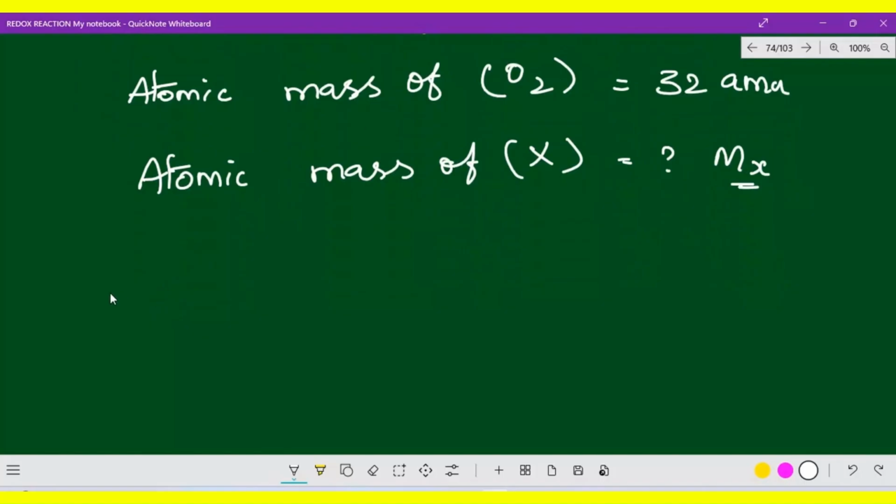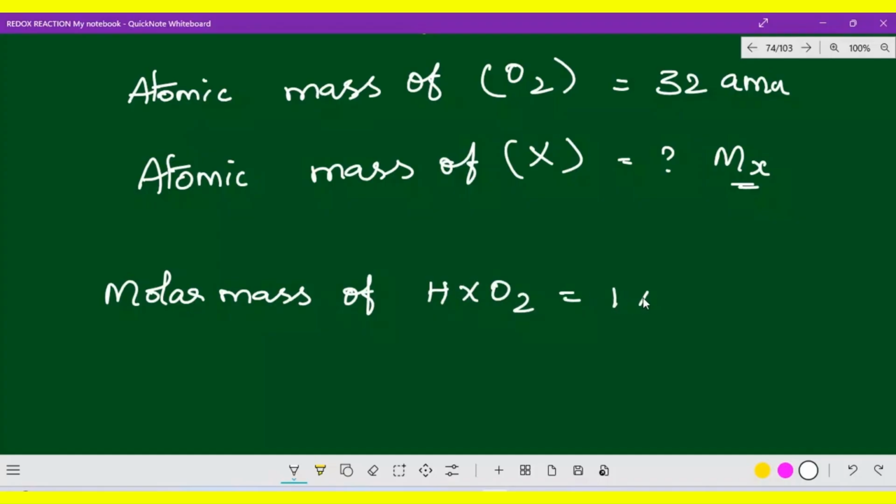So let us apply the values here. Molar mass of HXO2 is 1 plus MX plus O2, how much? 16 times 2 is 32, right? So you will get 33 plus MX.